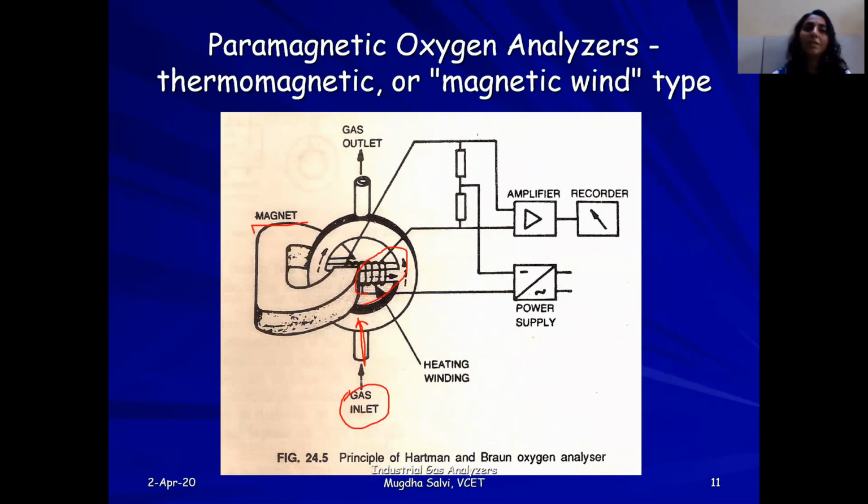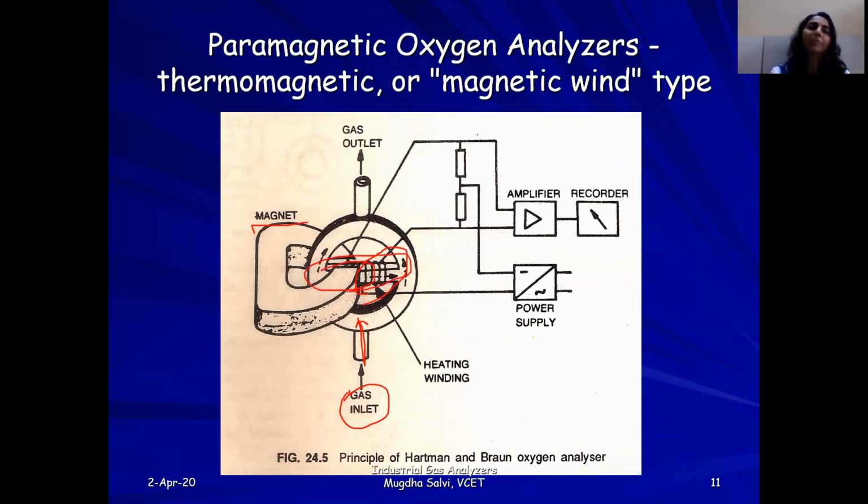Now, if the sample gas is containing oxygen, then the cooler oxygen that is coming from outside will replace the oxygen that is being heated in this particular region. The moment this difference is there, there will be some flow of oxygen, the cool oxygen replacing the hot oxygen in the heated part due to the heating filament.